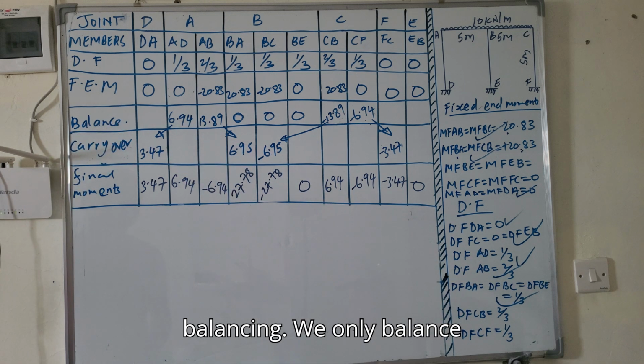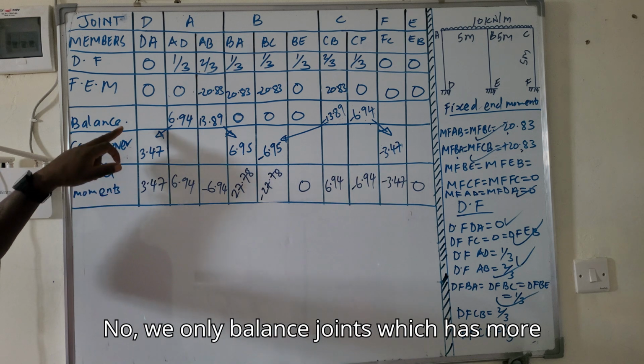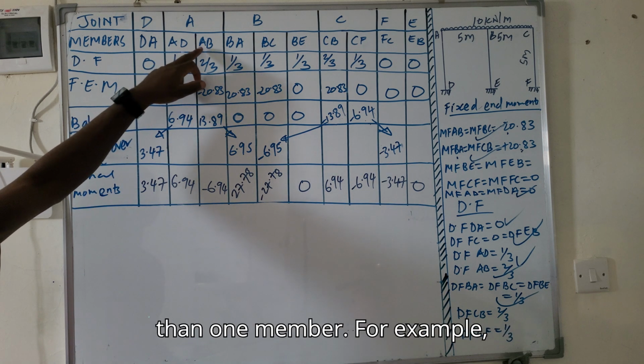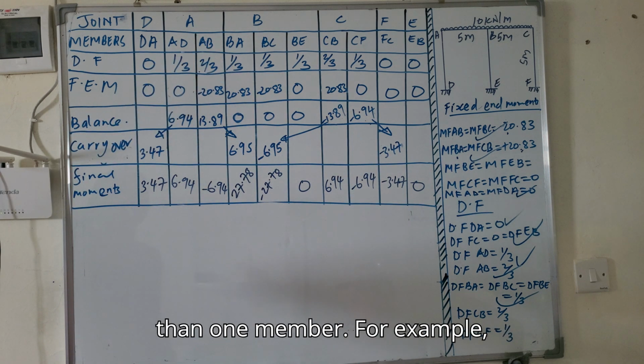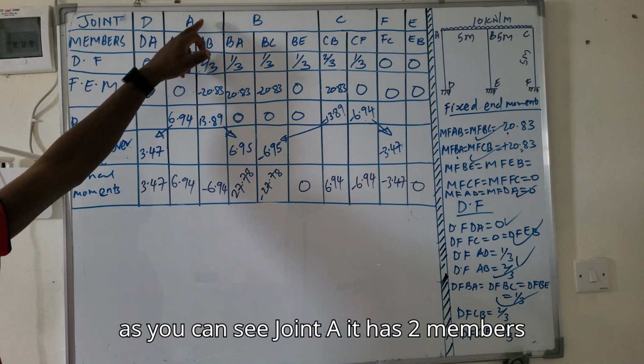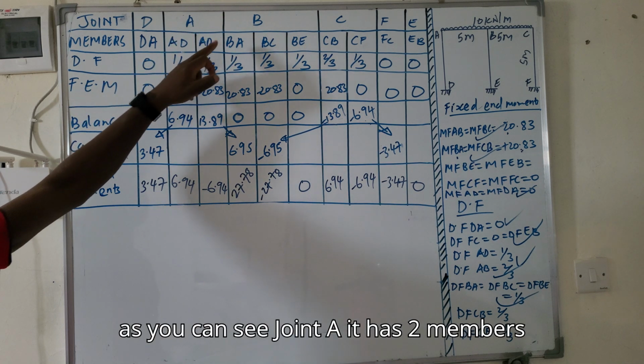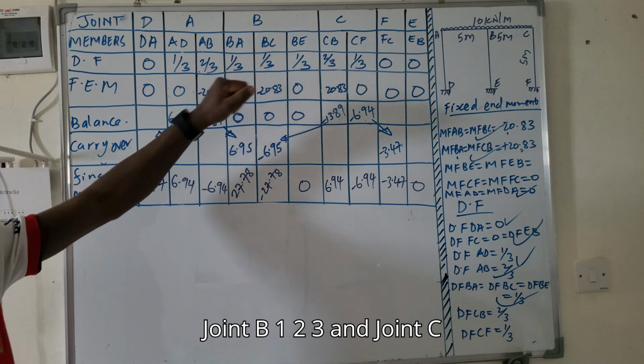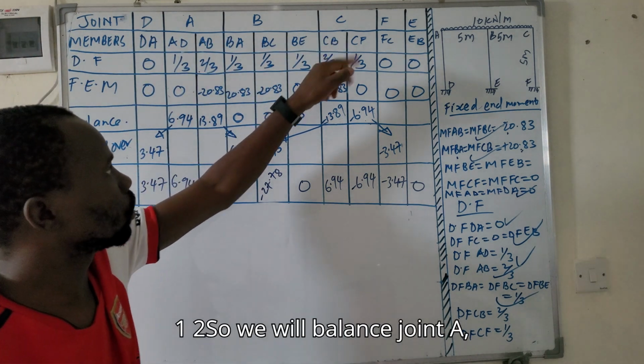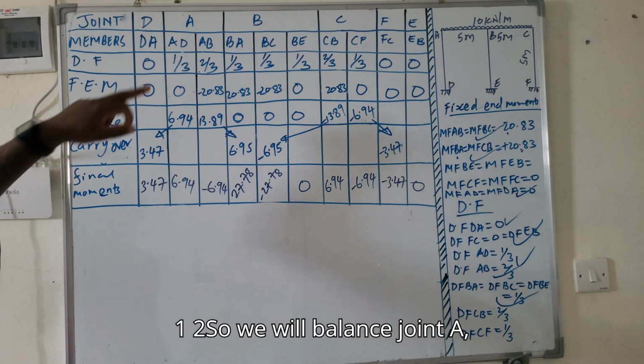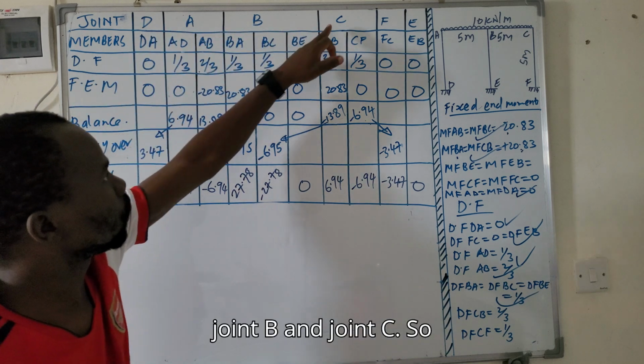We only balance joints which have more than one member. For example, as you can see, joint A has 2 members, joint B has 3, and joint C has 2. So we will balance joint A, joint B, and joint C.